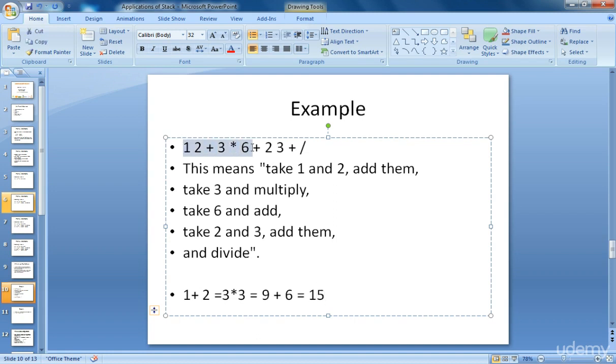Now we have evaluated this much of the expression. Now we have plus, and we have 2 3 and plus. So we will add 2 and 3, and what will we get? 5.